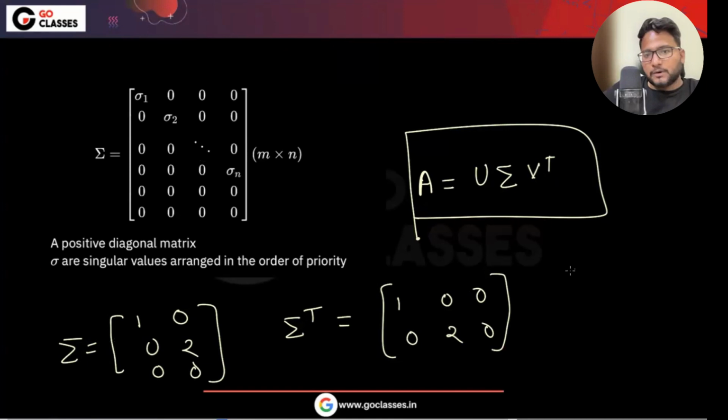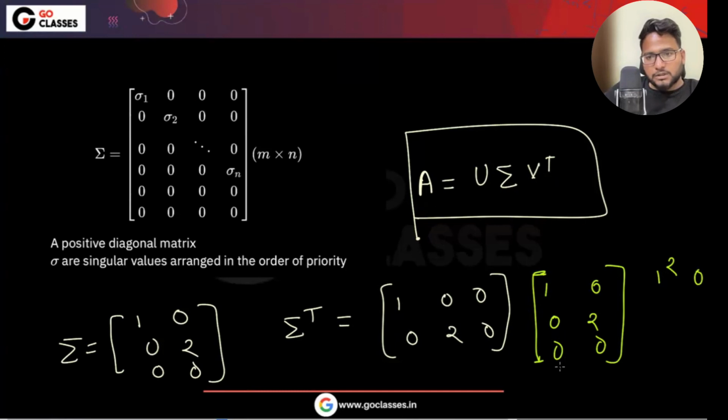If you multiply this sigma transpose by sigma itself, which is 1, 0, 0, 0, 2, 0, then you might notice that this will be 1 square, and then this will be 0, then this will be 0, and this will be 2 square, isn't it? Is this okay to everyone? Sigma transpose sigma, right?